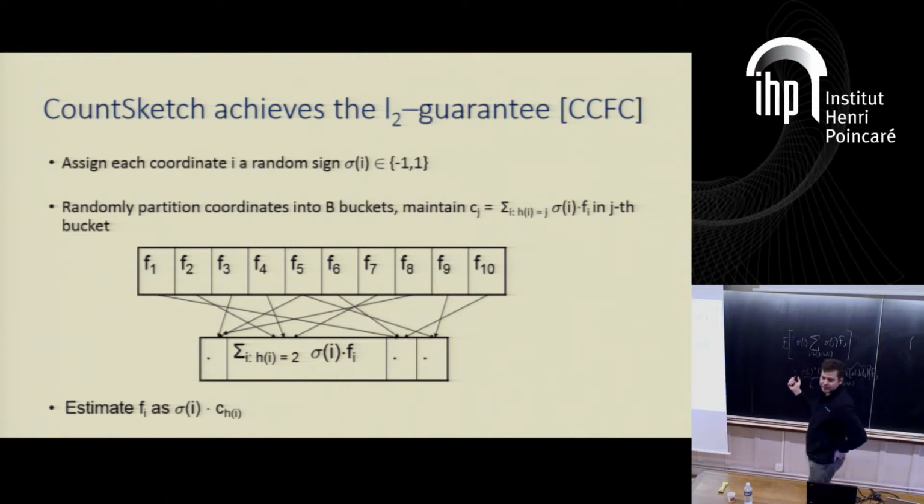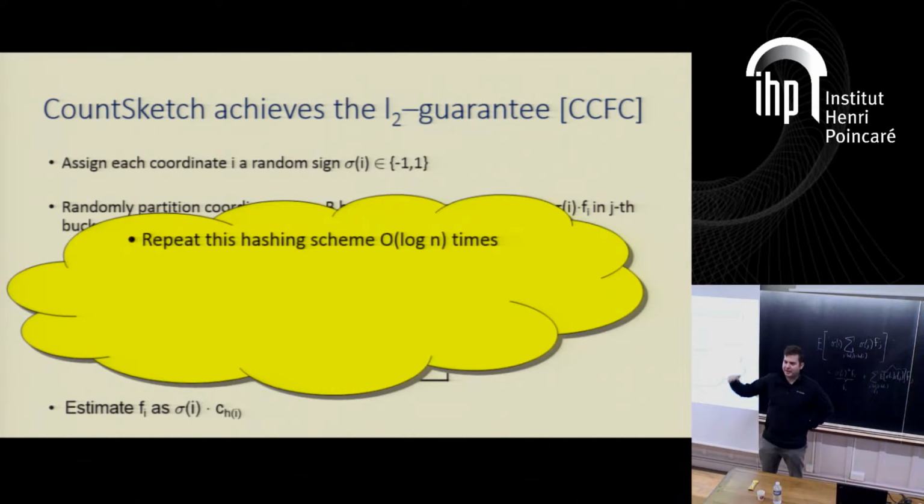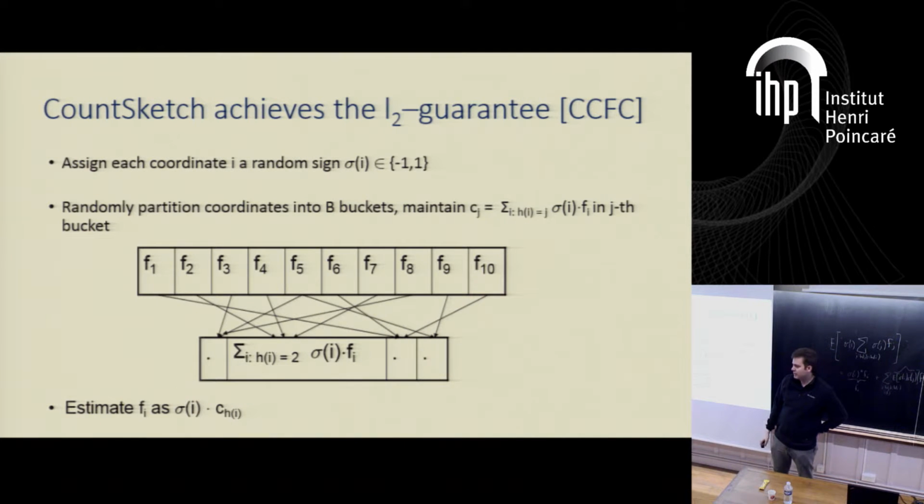OK, so that's the expectation. Now suppose we repeat this basic hashing scheme independently. For two items, if they are in the same bucket and the same sign, they have the same expectation, right? So the expectation is over the sign. It doesn't work at all if you use it once. You have to use it independently many times, right?